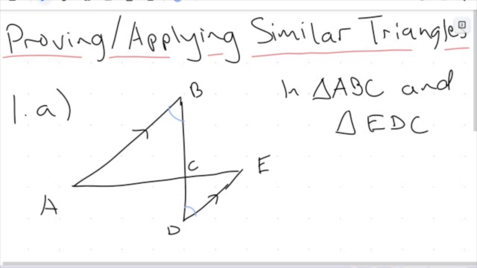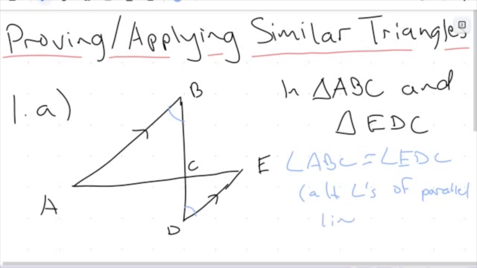So I'm going to write that as a reason. Angle ABC is equal to angle EDC. Why? Well, these are alternate angles of parallel lines, and we can write that as AB parallel to DE.